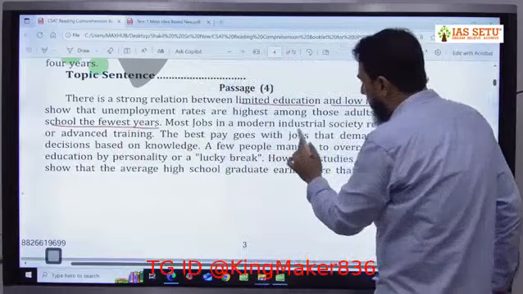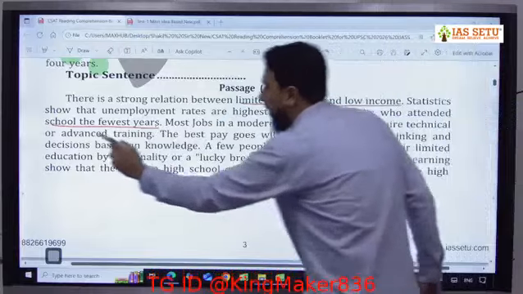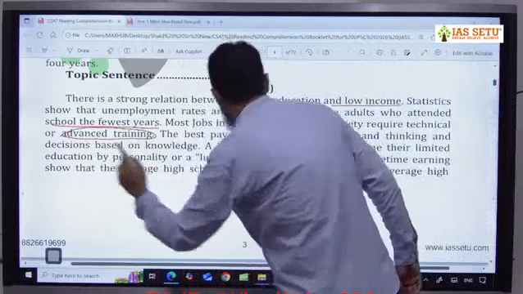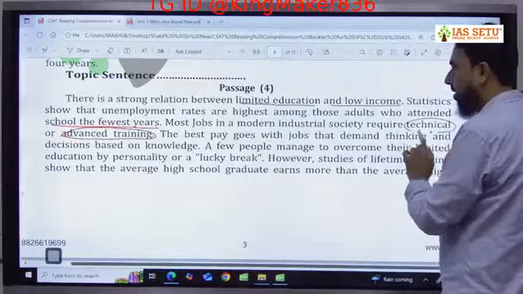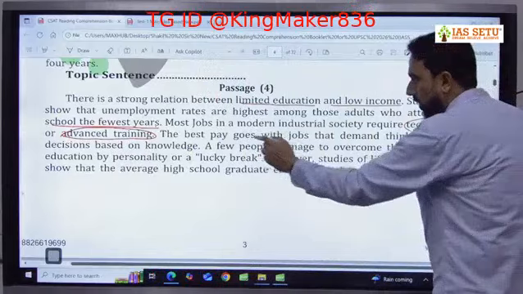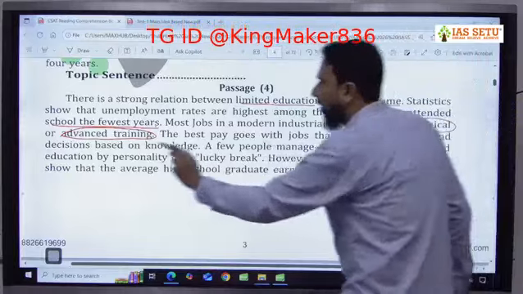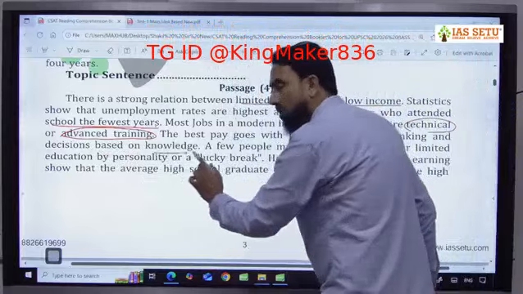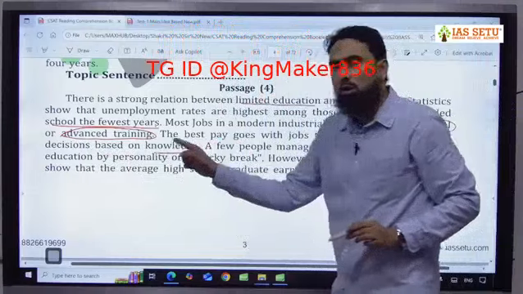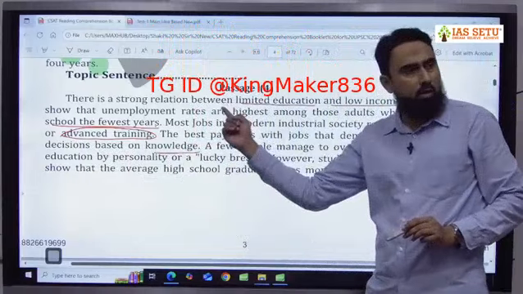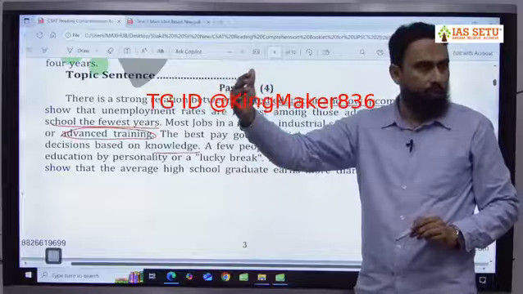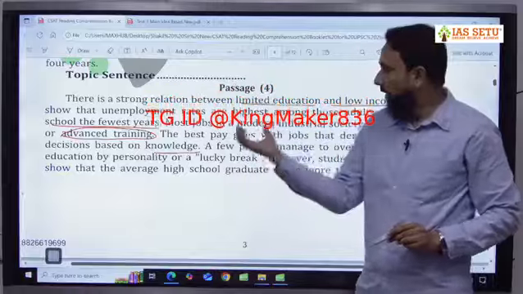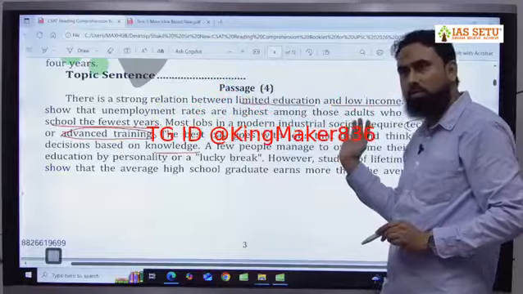Most jobs in a modern industrial society require technical or advanced training. It means higher education they require, right? The best pay goes with the jobs that demand thinking and decisions based on knowledge. It means higher education. So you have noticed that whatever he has said in the first line is being carried forward. He's trying to prove that. There is substantial support for it in the second sentence, third sentence.